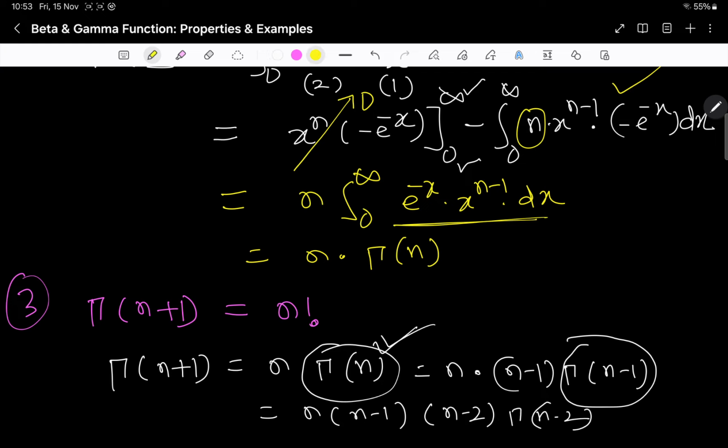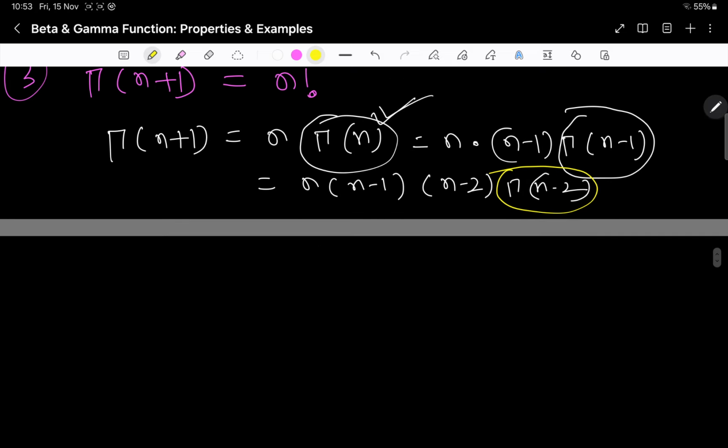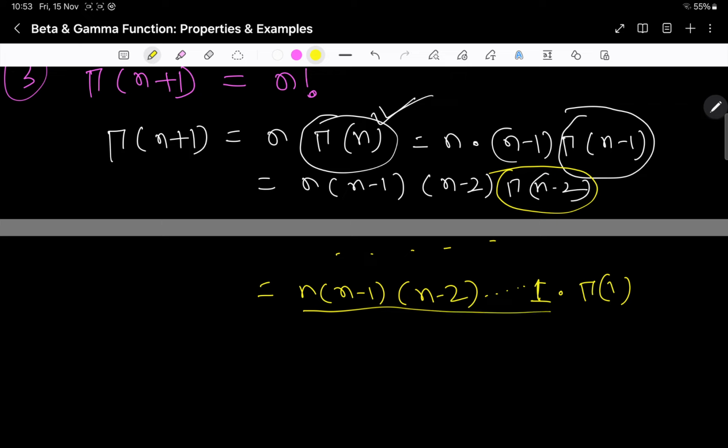If you go on repeating this property, it will be n minus 1, n minus 2, subsequently coming up to 1, then finally gamma of 1. Gamma of 1 is 1. So this is factorial n.